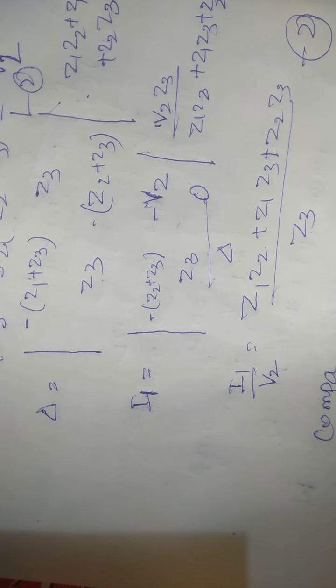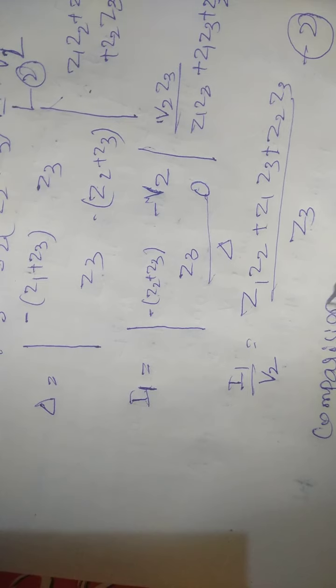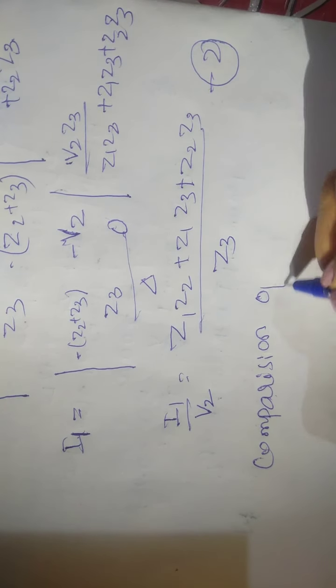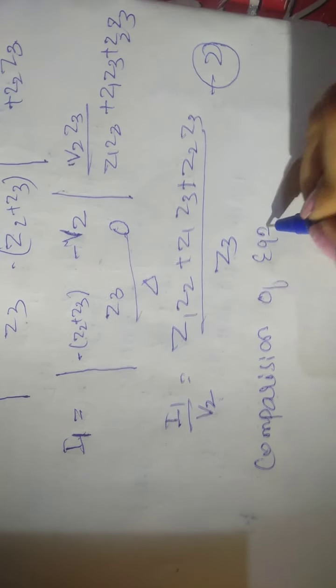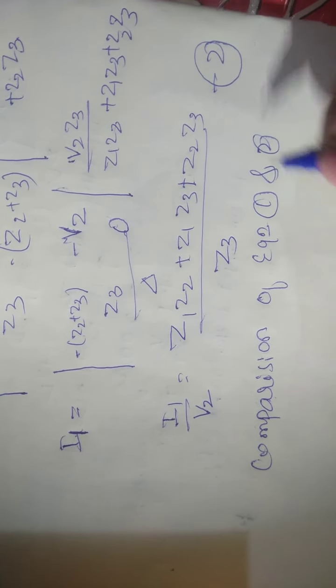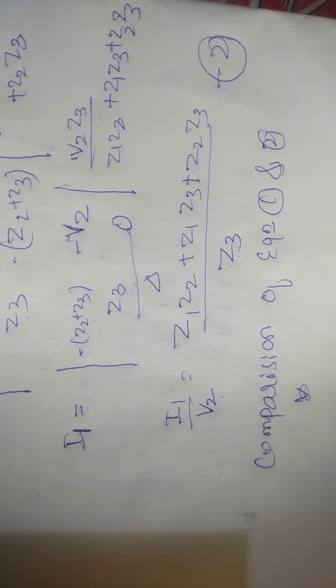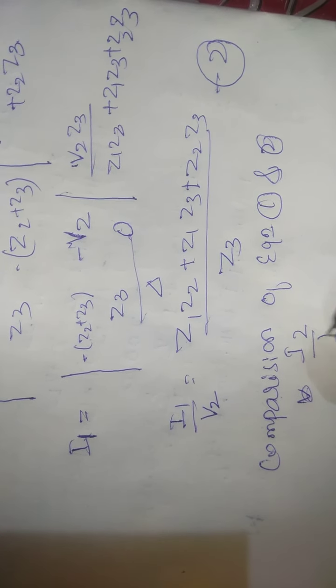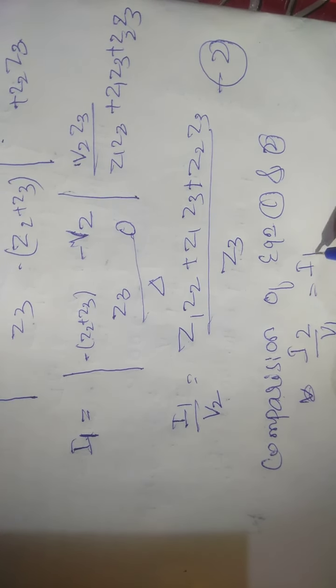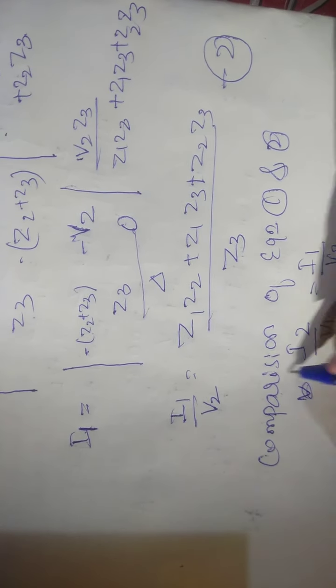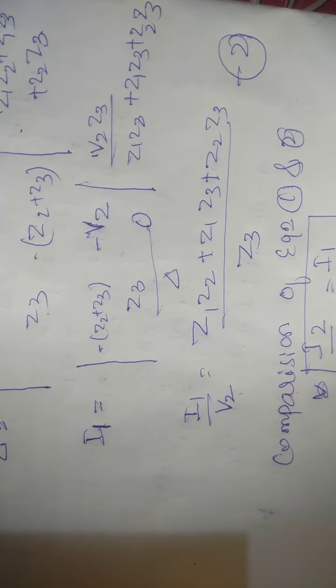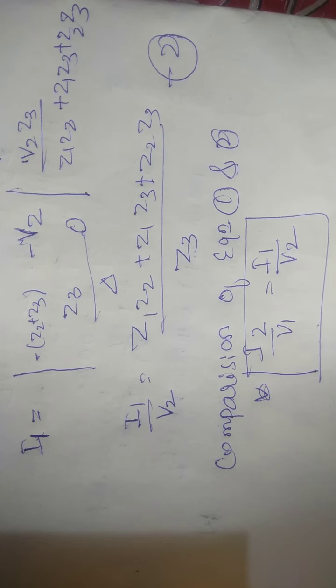Comparison between equation 1 and 2 equals what you have given: I2 by V1 equals I1 by V2. This is your solved equation. Correct? This is the reciprocity theorem.